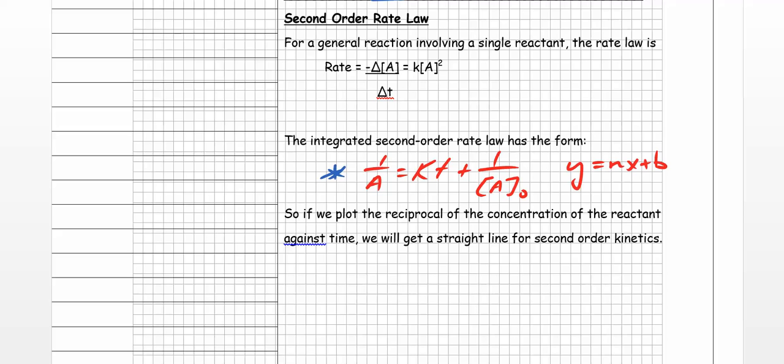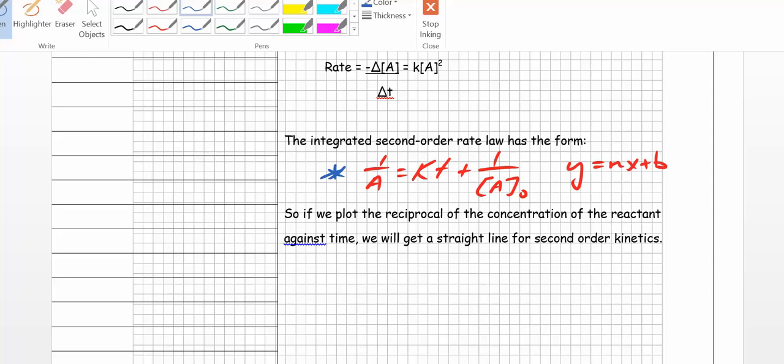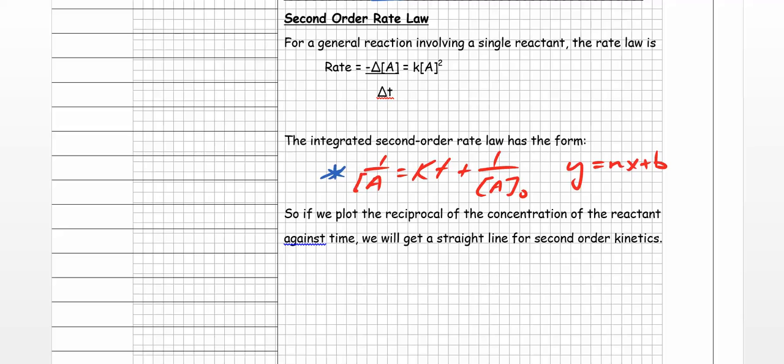We have 1 over the concentration of A, let me put some concentration brackets around that A. So 1 over the concentration of A is equal to K times T plus 1 over the initial concentration of A.